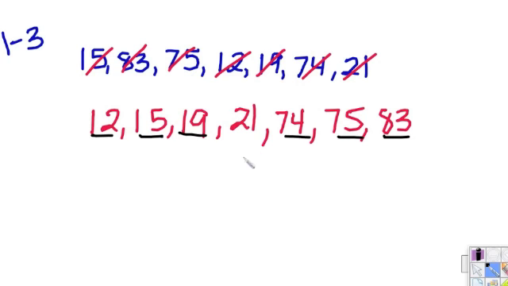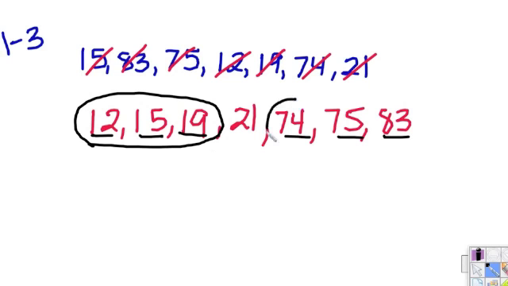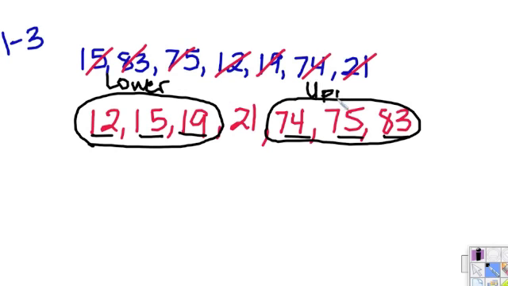So 21 is my split, which means I draw a circle around my lower set, and I draw a circle around my upper set. So this is now my lower set, and 21 is splitting these two sets in half. You don't need to worry about that 21 anymore.